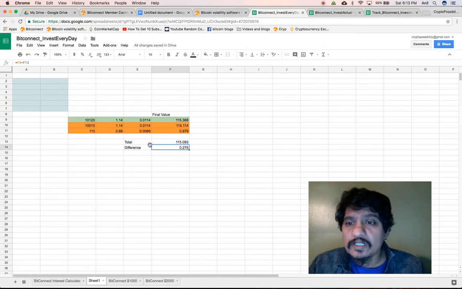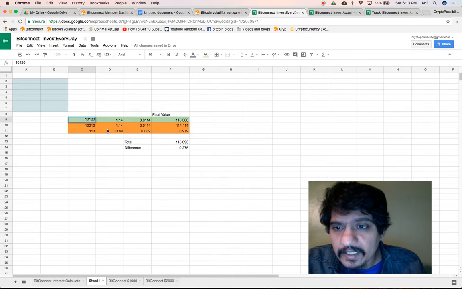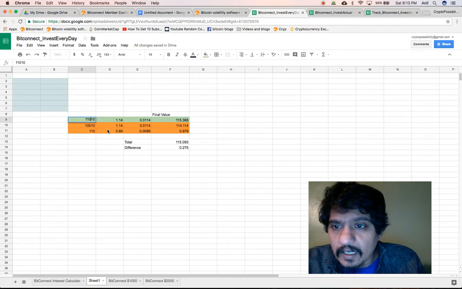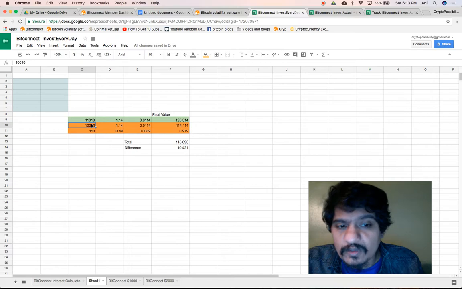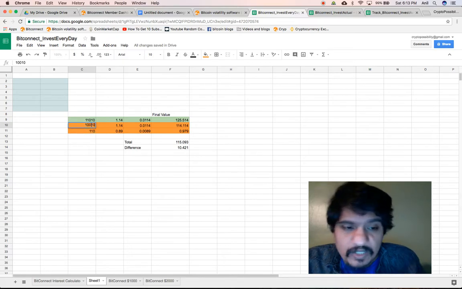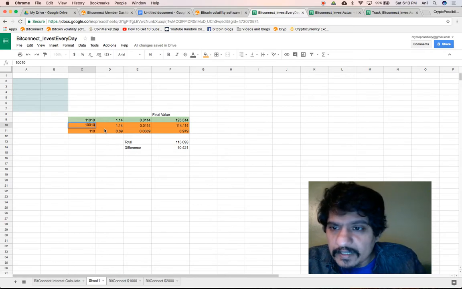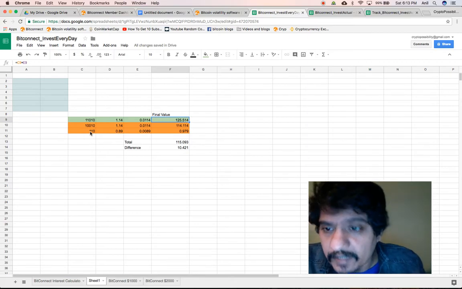Now 0.27 doesn't sound like much, but let's change the numbers. Let's suppose we added $1,000 of accrued interest after some time. Here you would get $125.514 for the additional $1,000. Remember that $1,000 is still less than 1,010.